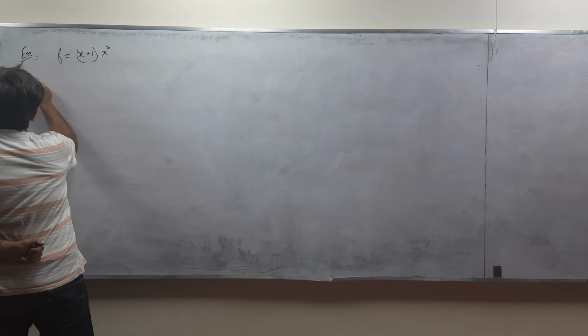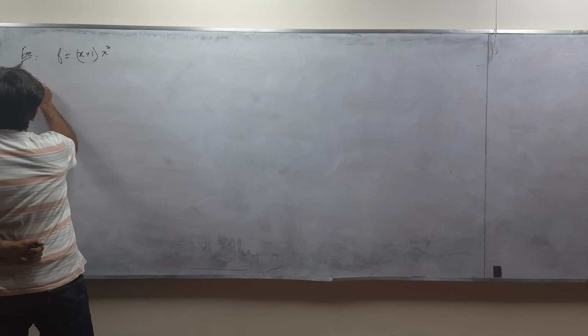You may write 3x square (x plus 1) plus x cube. So this is df over d alpha. So this will be the result. Okay. We may simplify it, but for now you may simplify it in this way.